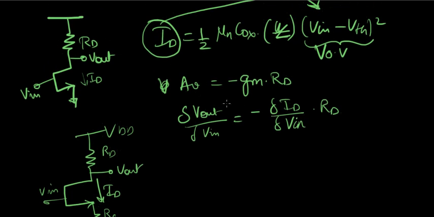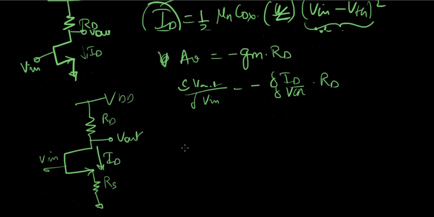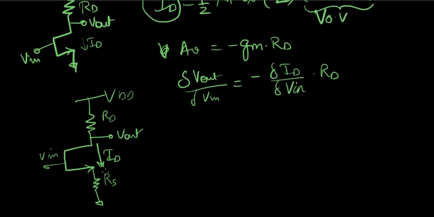A fraction of it is spent dropping across RS, and that produces some linear results, Behzad Razavi says. And I think it's a bit confusing if you look at it that way, and trust me, I'm totally confused if I look at it that way.